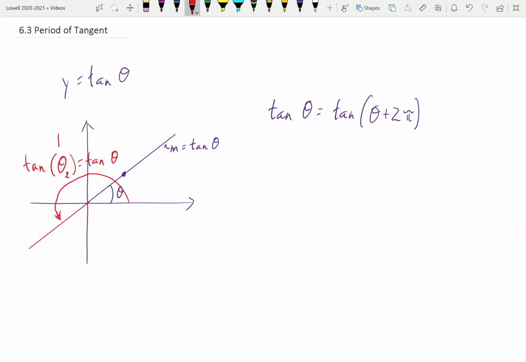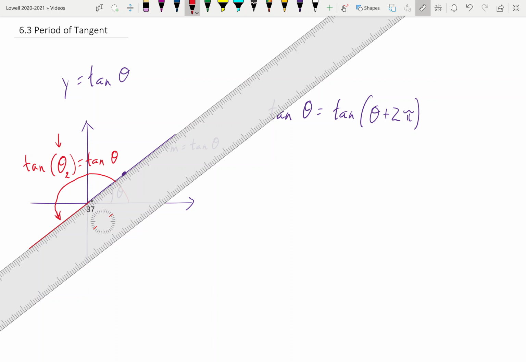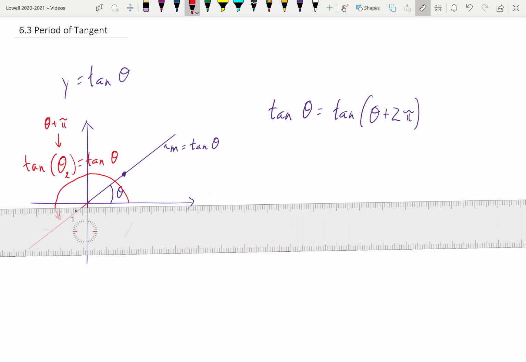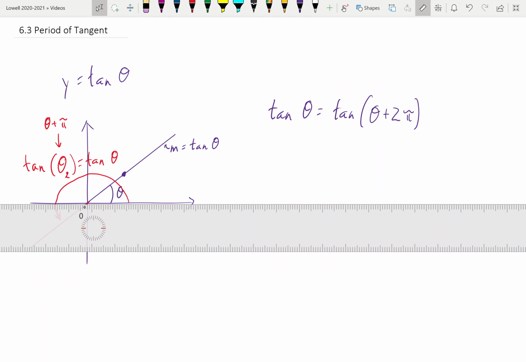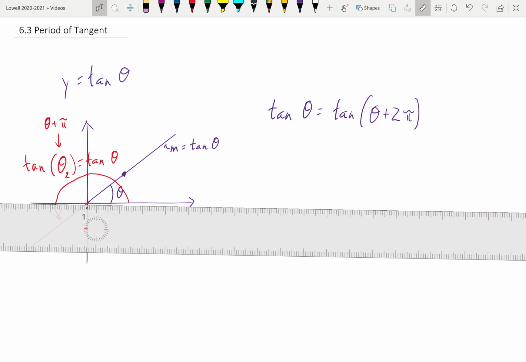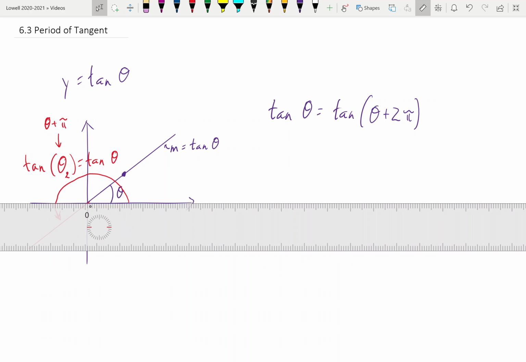And we can actually see that it just repeated itself, since it is the exact same angle just pointing in the opposite direction. We can see that the difference in angle is actually just theta plus pi, or plus 180 degrees. And we could actually see that earlier if you were kind of listening. At 0 degrees, we have a slope of 0, and when I get to 180 degrees, it's also a slope of 0.